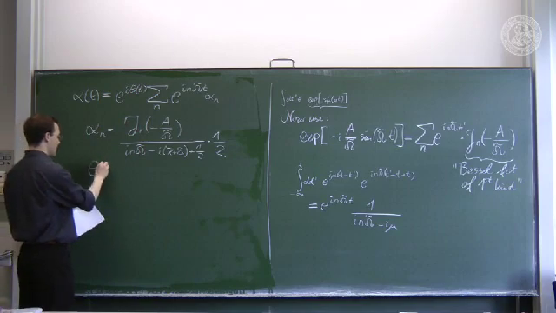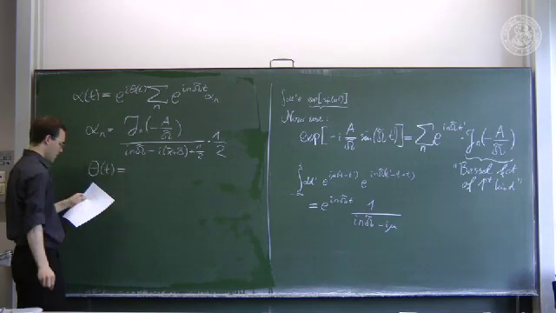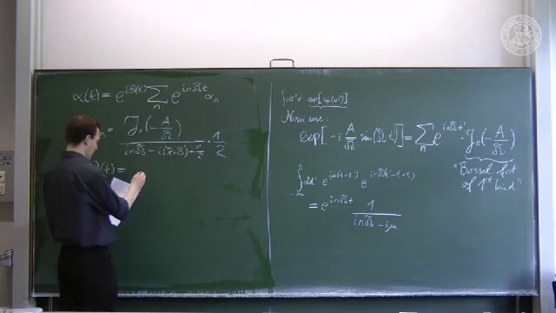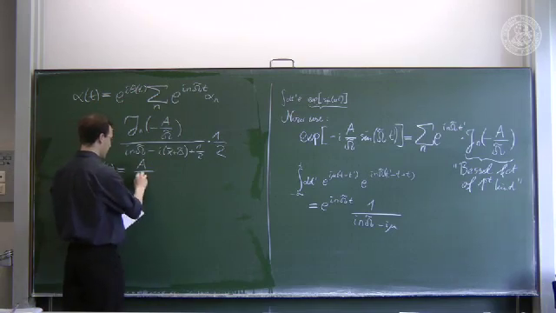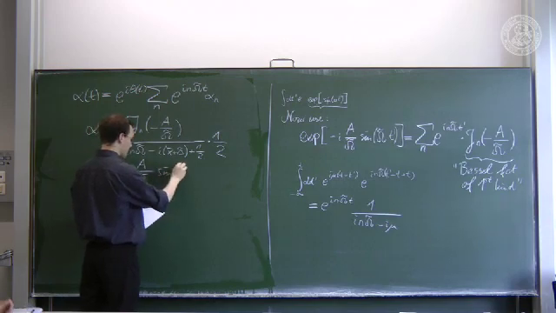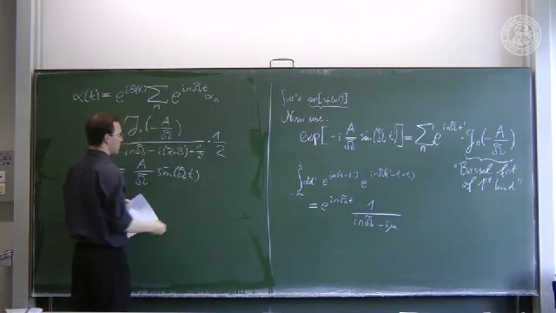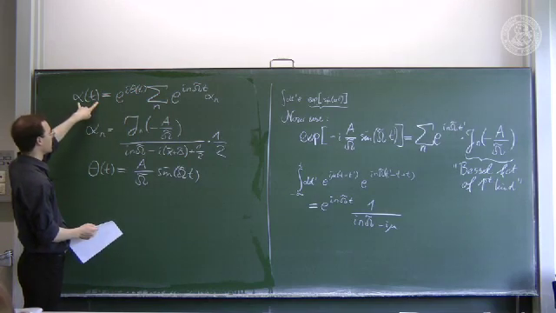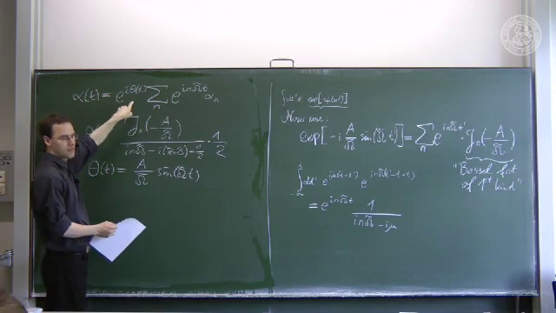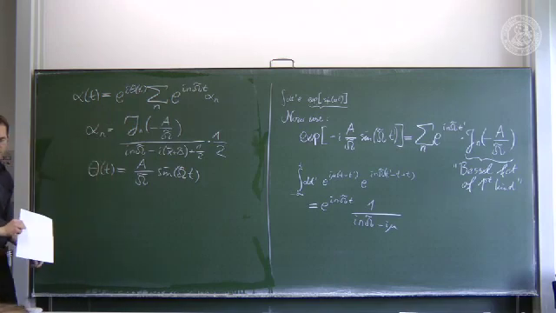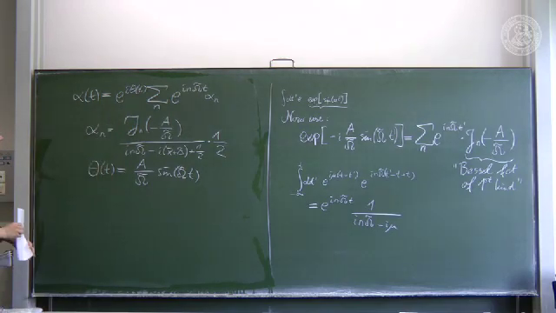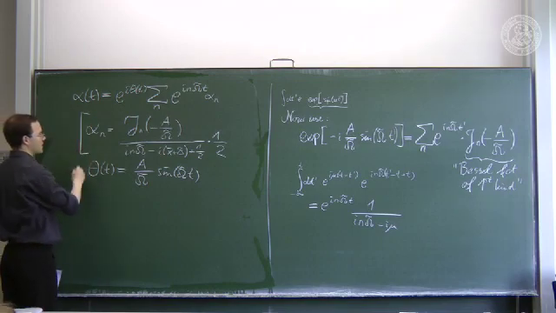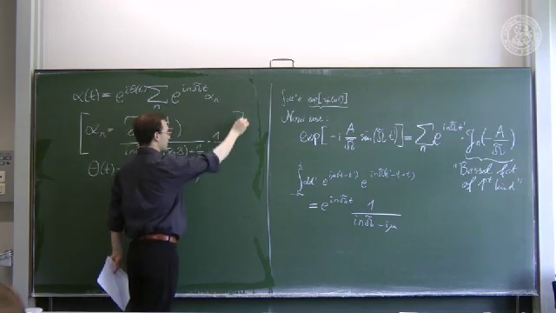And the theta of t, this is simply one part of the exponent, and that was a divided by omega tilde times the sine function. Not very important, because in the end we will only be concerned with the intensity, that is alpha squared, and then the phase factor will not matter. So this is the best I can offer, the most compact expression for what the light field does.